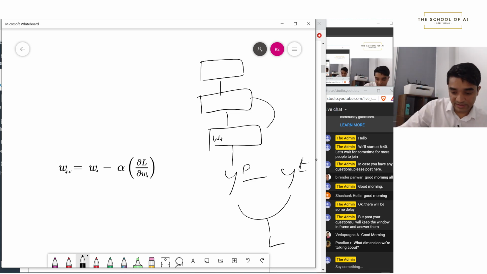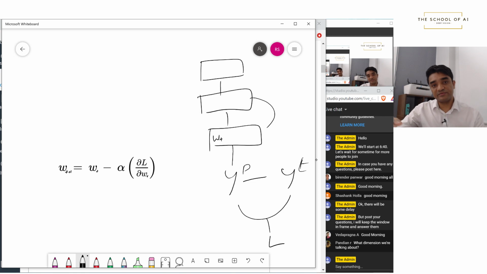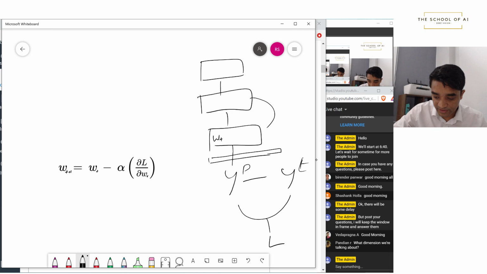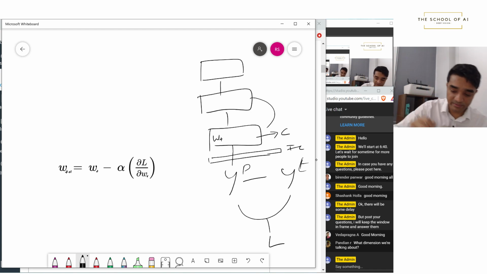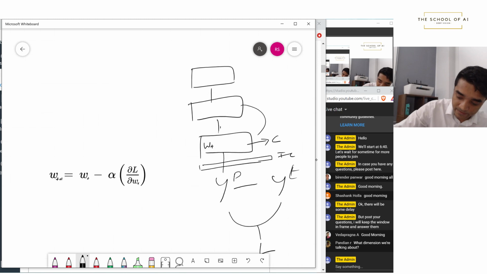Now the kernel in our case, because in convolution this is different and this is different in a fully connected layer, so I'm going to look at both. So this is our fully connected layer and this is our convolution layer. In the convolution layer we're going to have many kernels, right? And all the kernels will have some value. Let's look at a particular kernel called wt1. wt1 happens to be at time t, by the way. wt1 happens to be one of the weights of a kernel called k1, right?